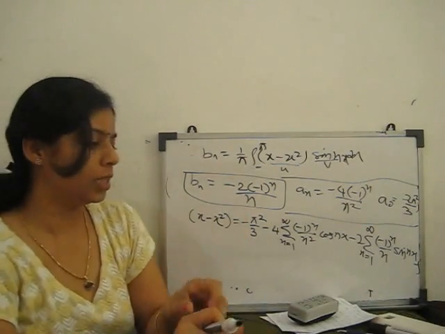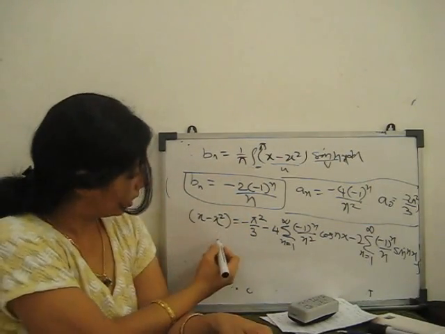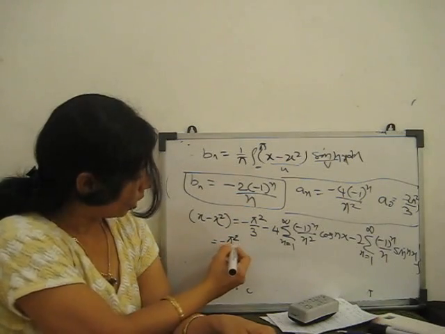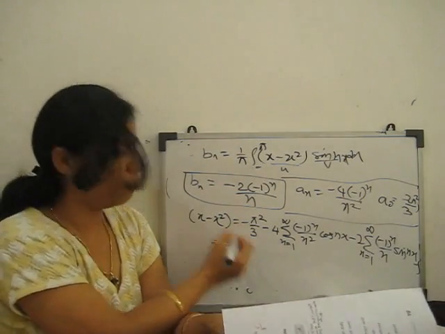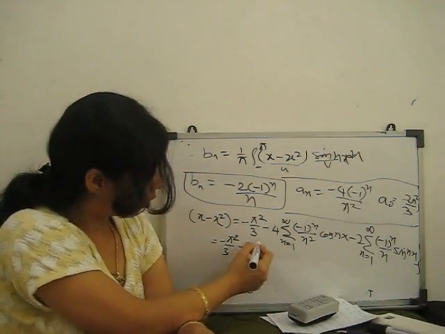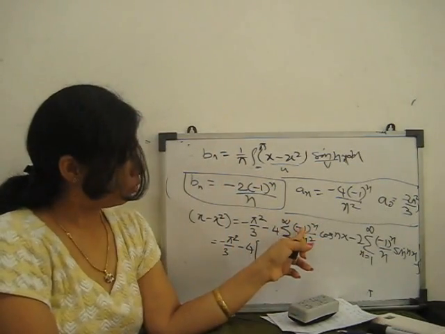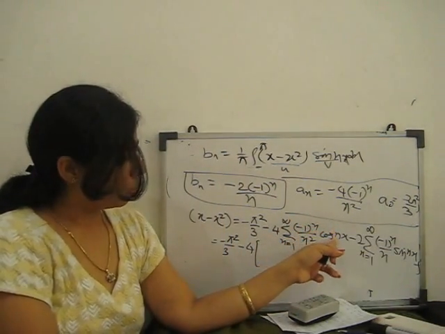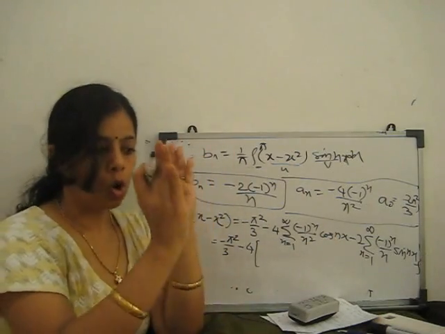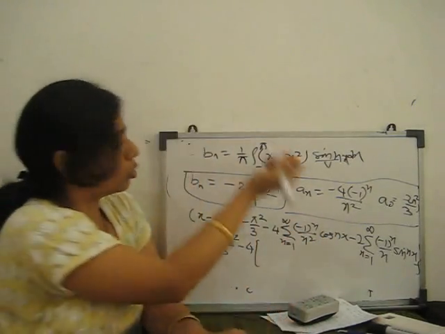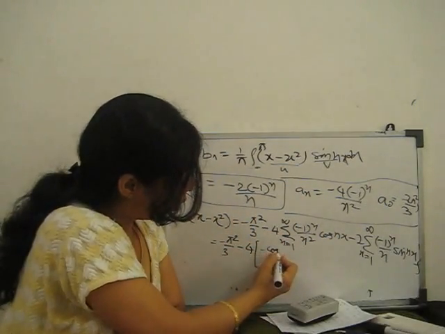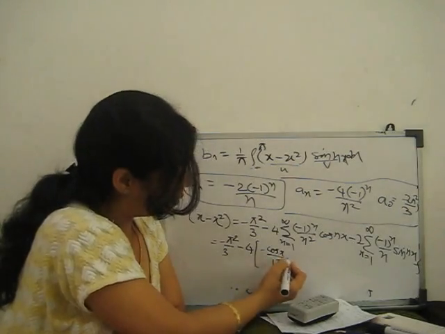When we expand this, it gives minus pi square by 3 minus 4. When we substitute n equal to 1, minus 1 cos of x upon 1 square. So minus cos x upon 1 square.